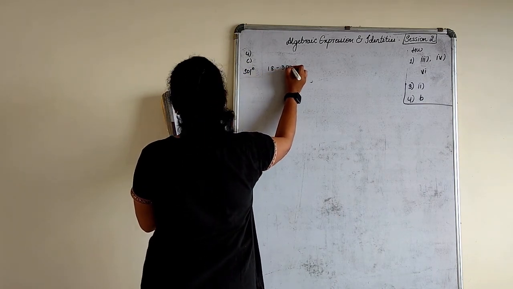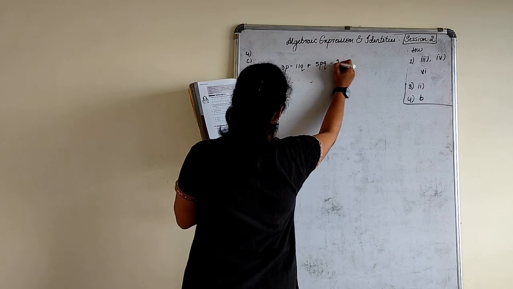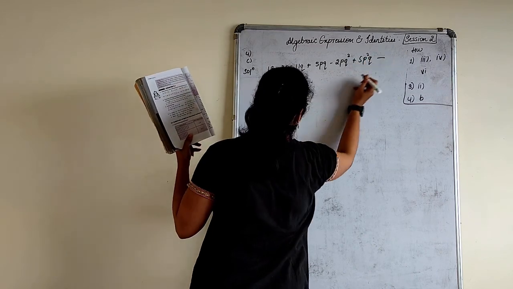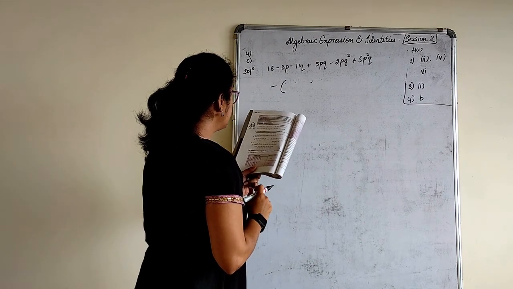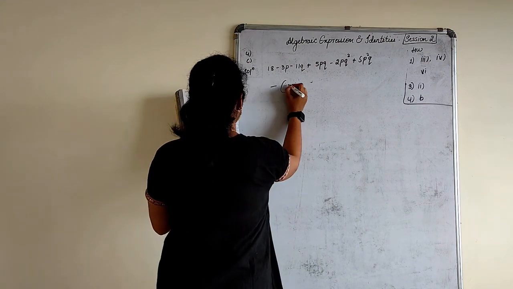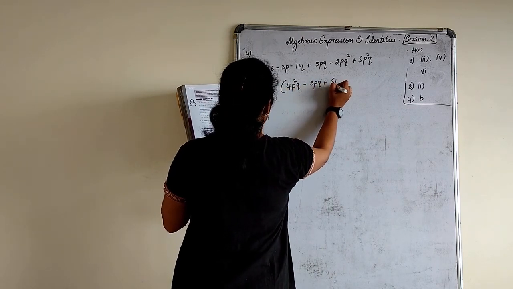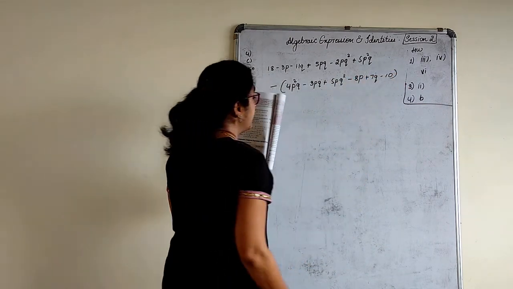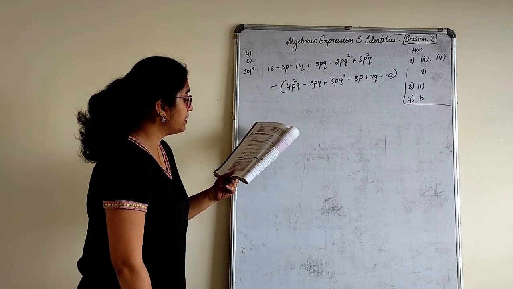18 minus 3p minus 11q plus 5pq minus 2pq² plus 5p²q minus, I do not have space there, right? 18 minus 3p minus 11q plus 5pq minus 2pq² plus 5p²q minus 4p²q minus 3pq plus 5pq² minus 8p plus 7q minus 10.